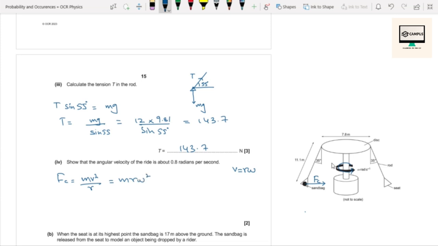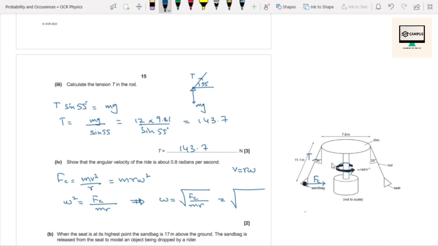We are interested in omega, so rewriting it in terms of omega, omega squared is Fc over mr, and taking the root on both sides gives omega equals the square root of Fc over mr. But how do we find the centripetal force? Since this is the horizontal component, we can write it in terms of the tension.